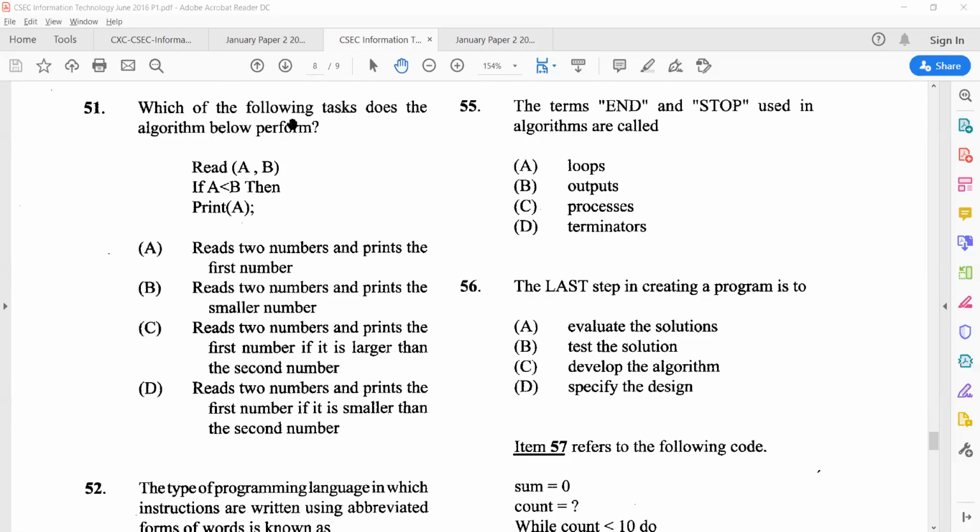Which of the following tasks does the algorithm below perform? So the algorithm says you want to read A, B. If A is less than B, then print A. I'll give you all a minute to read through those options and let me know which one of the tasks the algorithm performs.